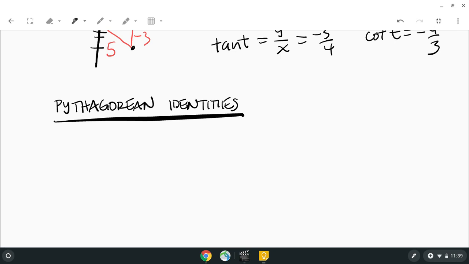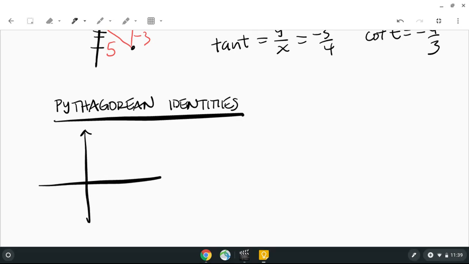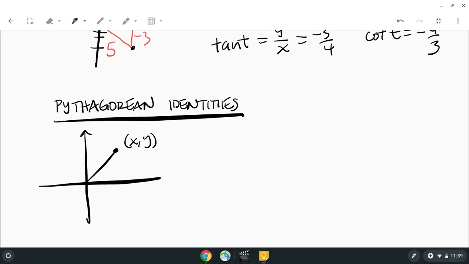Okay, so let's just take a look at the unit circle again. You have some point over here that's x, y, right? And the radius is 1, unit circle, right? And if I draw my right triangle here, this is an x distance, this is my y distance, right?